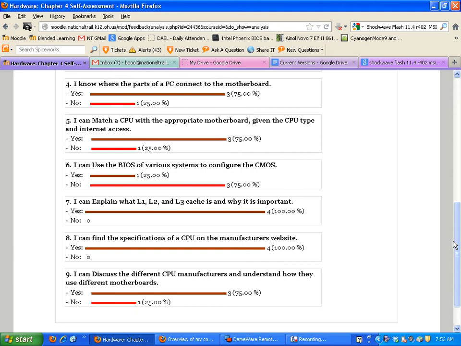Is there going to be a difference for Nico? Yeah. Okay, and especially with this LGA socket, it's so easy to pop those out and put it in. So you want to be able to make sure you can match those things up. That's the last one in here.